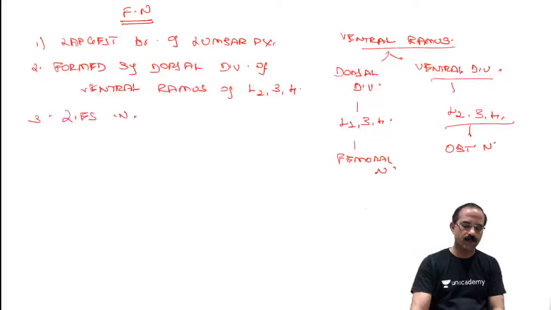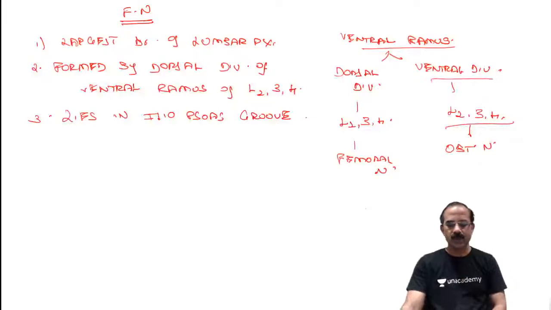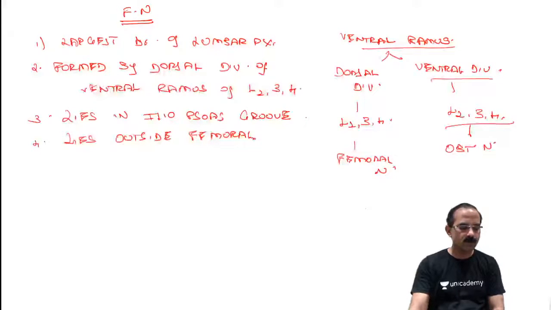It lies in the iliopsoas groove. It lies in the groove between the iliacus and the psoas major. We call this the iliopsoas groove. It lies outside the femoral sheath.